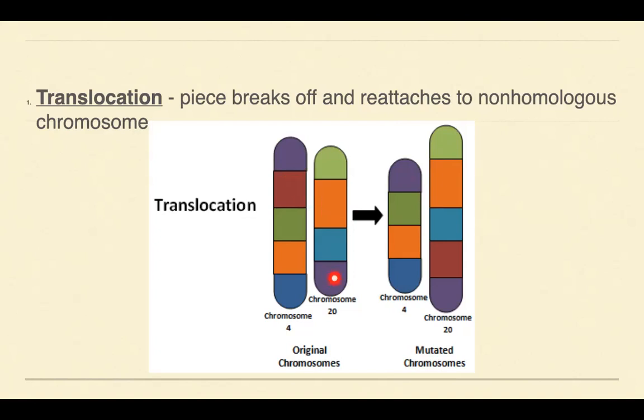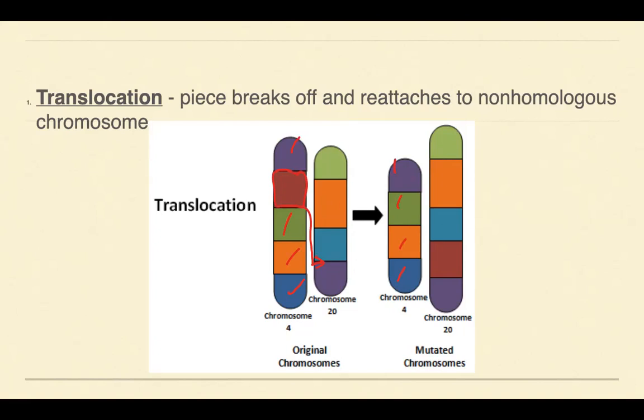All right, so chromosome 20 does not have red at all, chromosome 4 does. So this piece of chromosome 4 broke off and got attached to the bottom of chromosome 20 right here. There it is. So this piece got inserted right there. Yeah, because then you're left with purple, green, orange, blue, purple, green, orange, blue. Wow, they could have really used better colors.